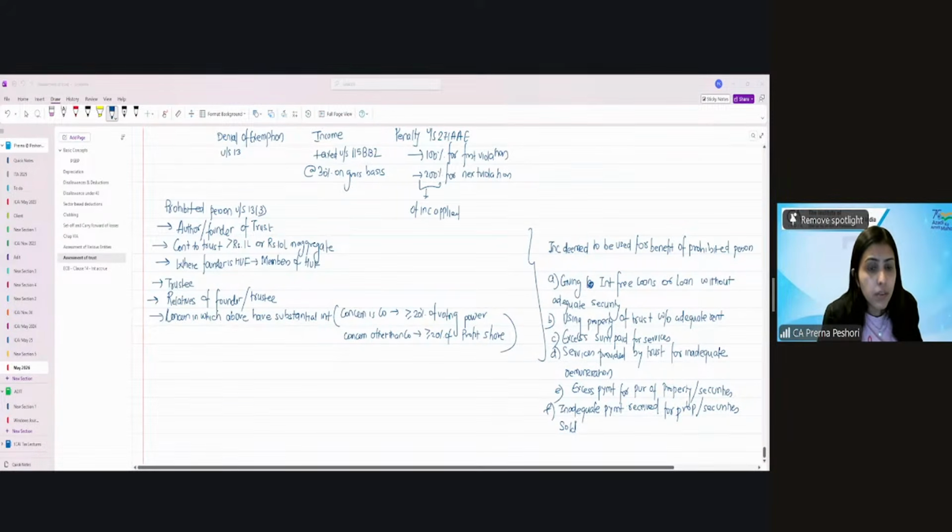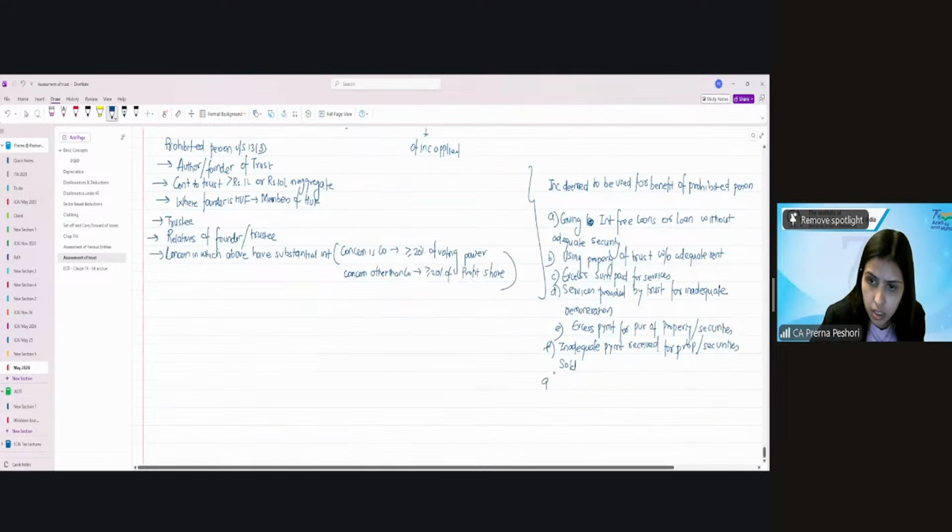Right? Or there is diversion of income or property greater than 1,000. Or if funds of the trust are used for investment in a concern in which these persons have the substantial interest.